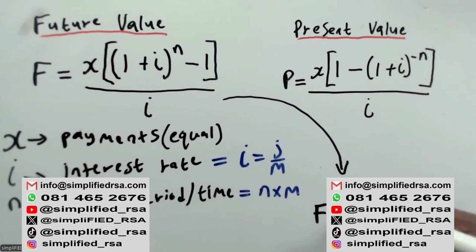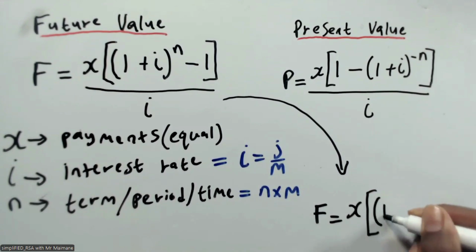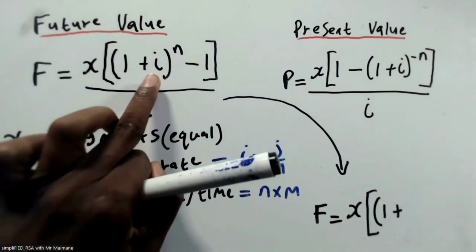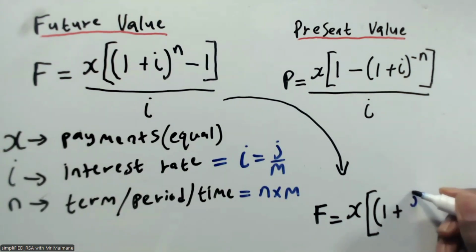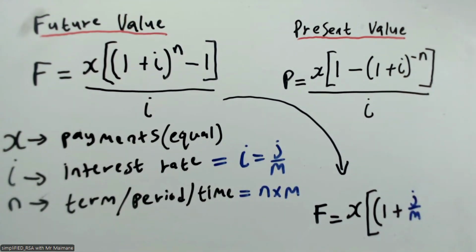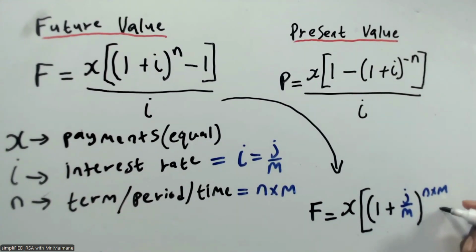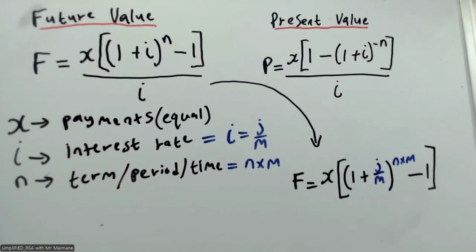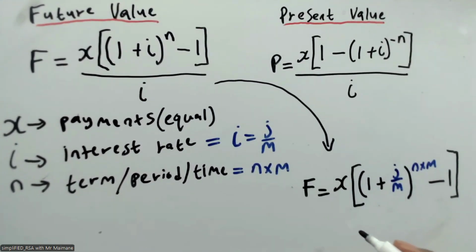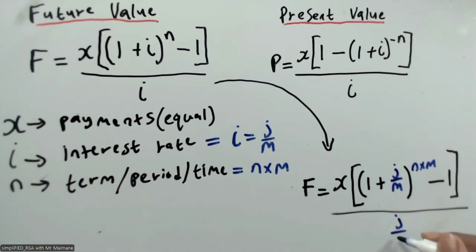F is equal to X into 1 plus, instead of writing I, I will write I divided by the compounding period, to the exponent of N times the compounding period, minus 1, all over I divided by the compounding period.